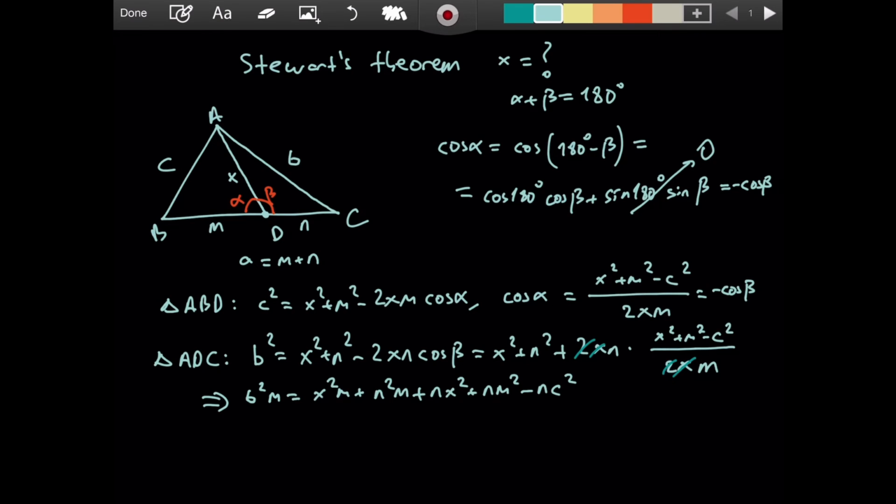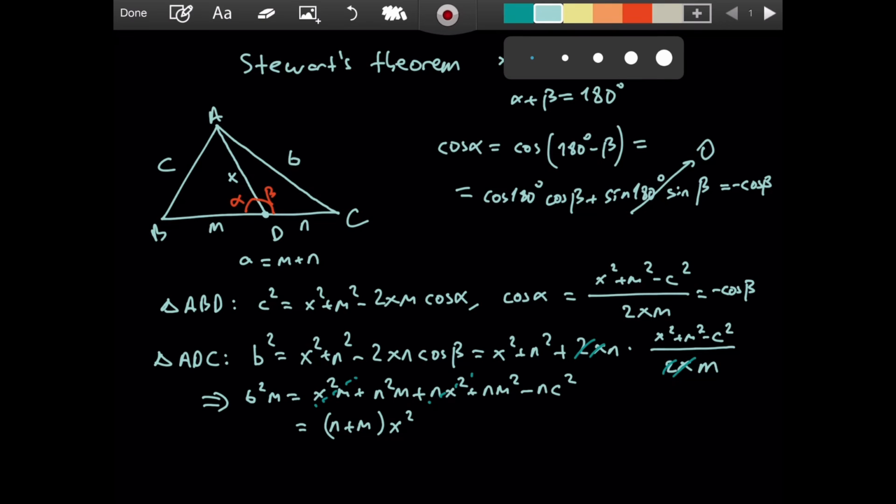At this point, all that is left to do is to find x squared. We want to group all the x squared terms together. There are two in fact, so it's going to be n plus m times x squared. We are done with this term, and we are going to toss all of them to the other side.